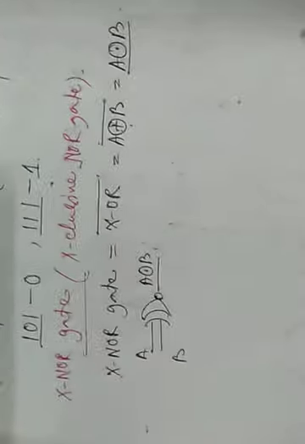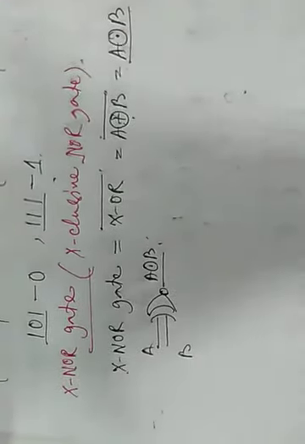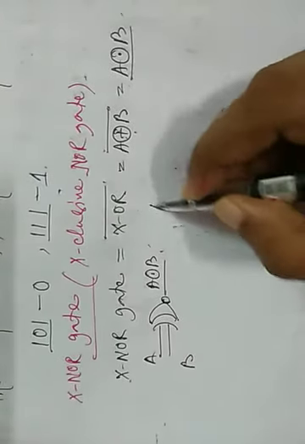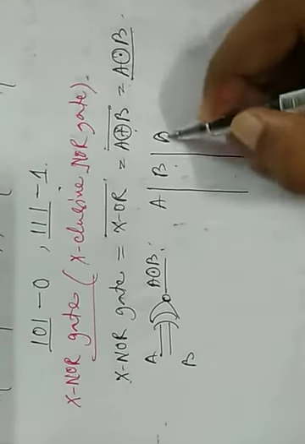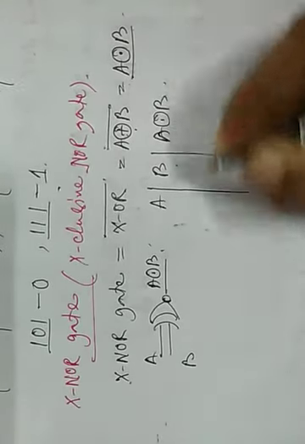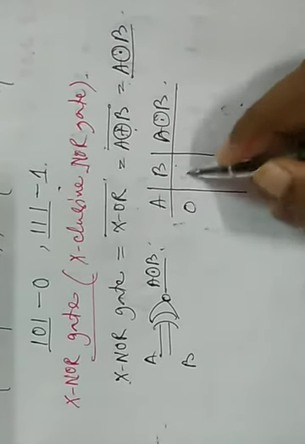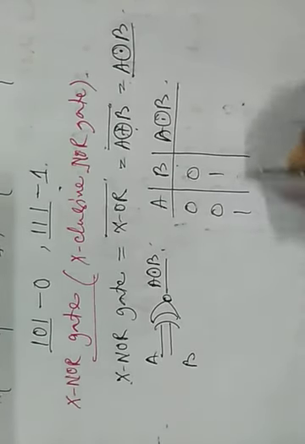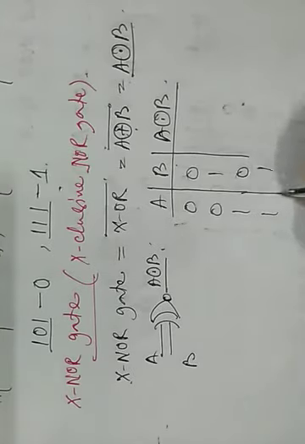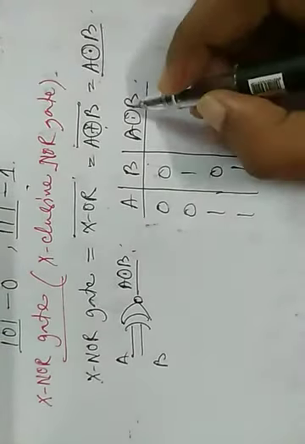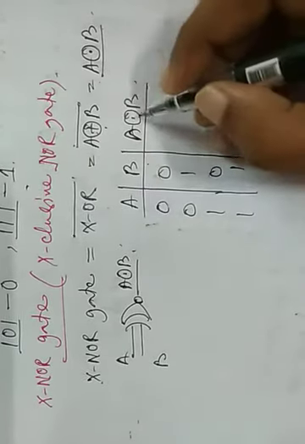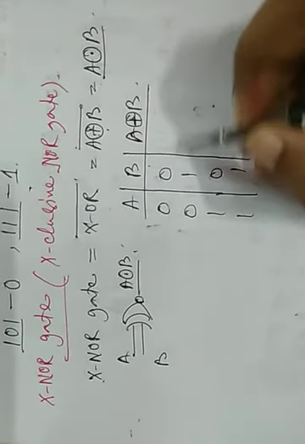Okay. Now its truth table is A, B: 0 0, 0 1, 1 0, 1 1. Okay, as it is the complemented value of XOR gate, first you do XOR gate.